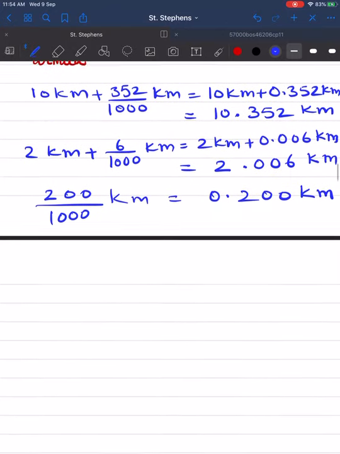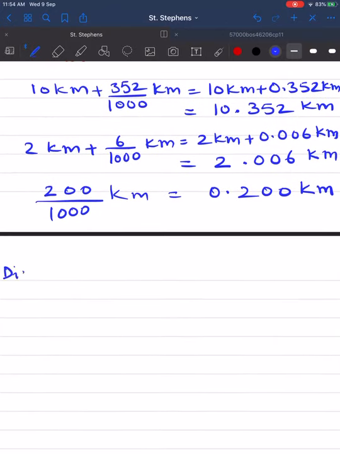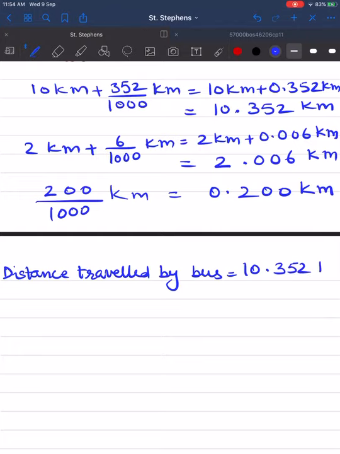Now let's write the statements. So here we write distance traveled by bus is equal to 10.352 kilometers.